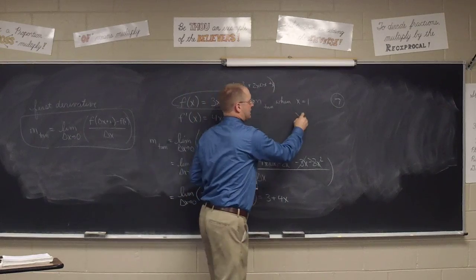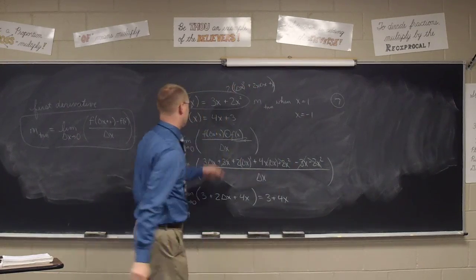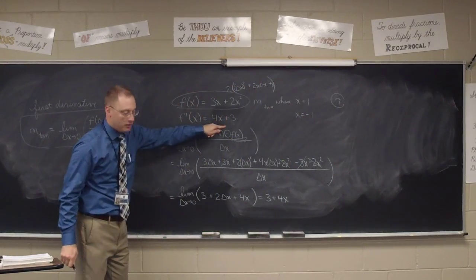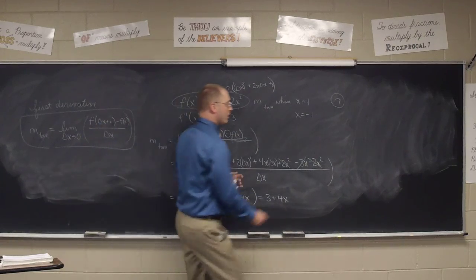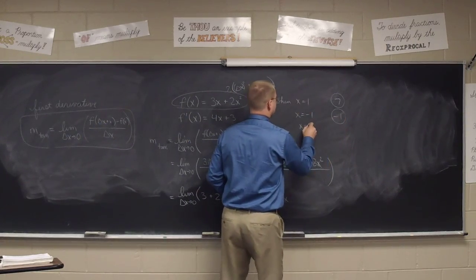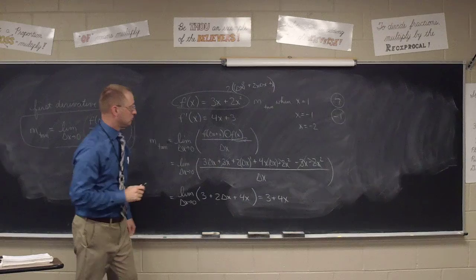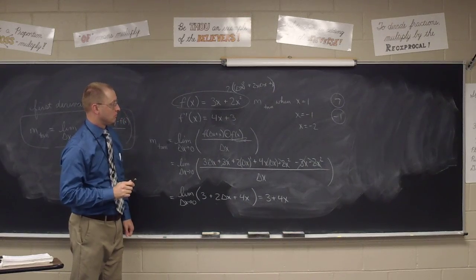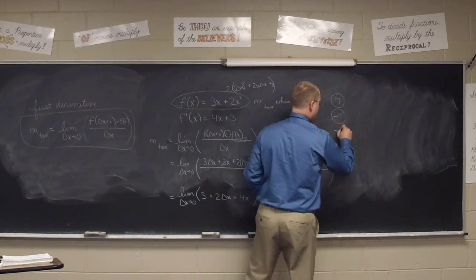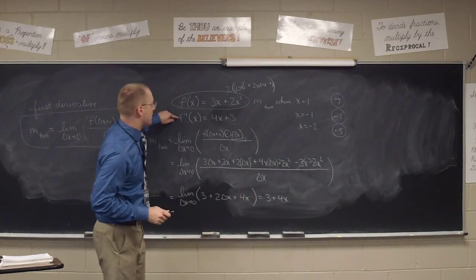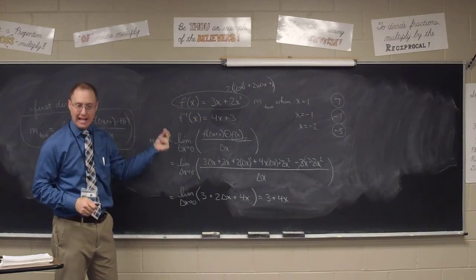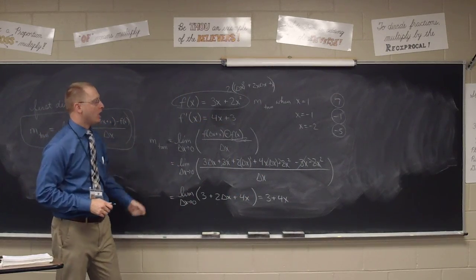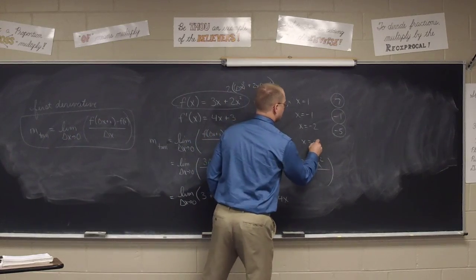But what about when x is negative 1? We'll plug a negative 1 into the first derivative. Negative 1. What about if x is negative 2? Negative 5. And you see that by finding a derivative equation, you can crank out slopes really quickly. What about if x is 0?